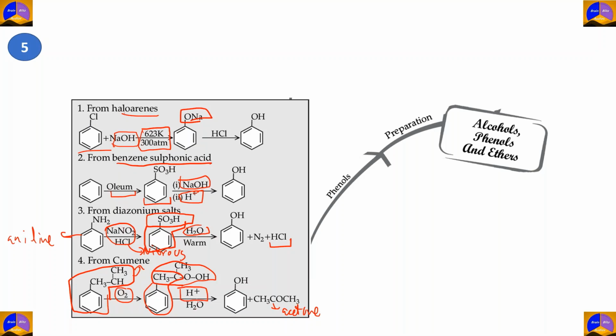What dilute acid means is you have H+, but you also have H2O in the mix. The thing about this reaction is that the primary goal is to get phenols, but the byproduct, acetone, is also produced in large amounts from the reaction of cumene to get phenols. So it's a pretty useful reaction.